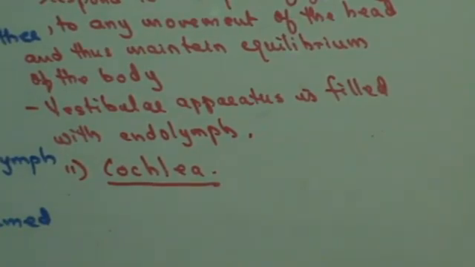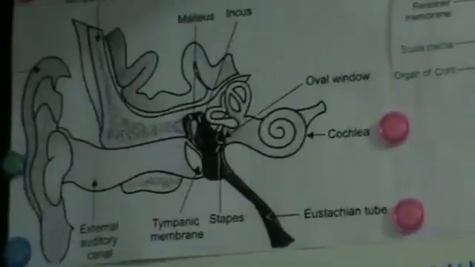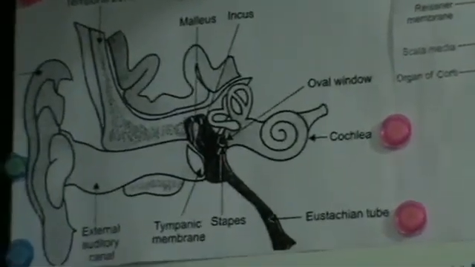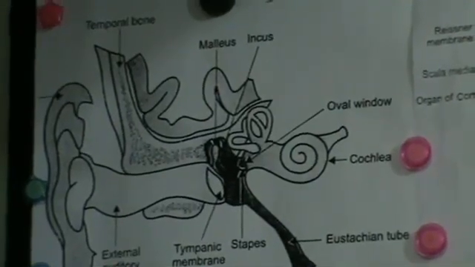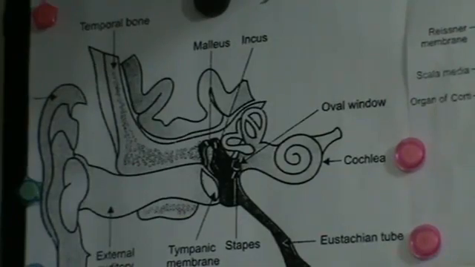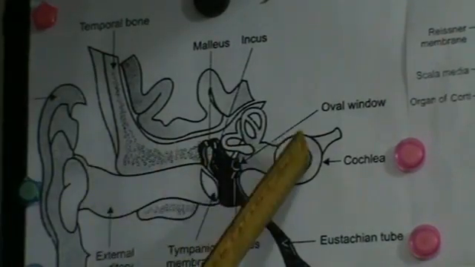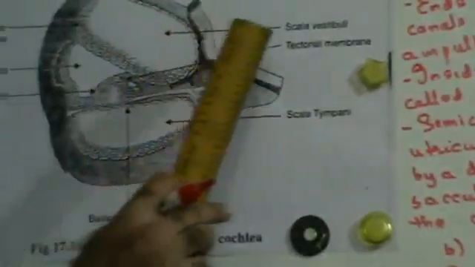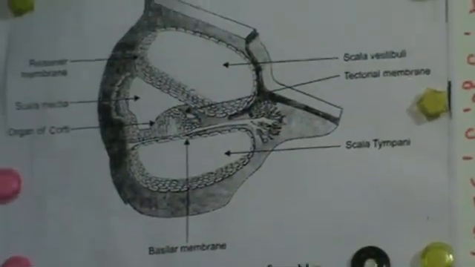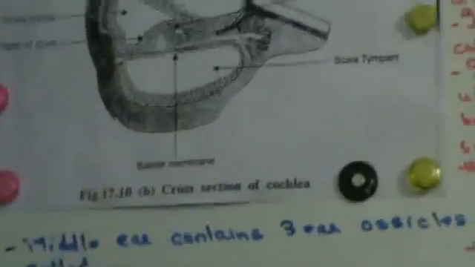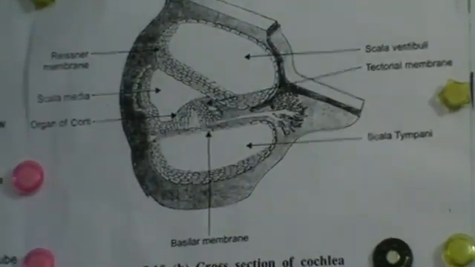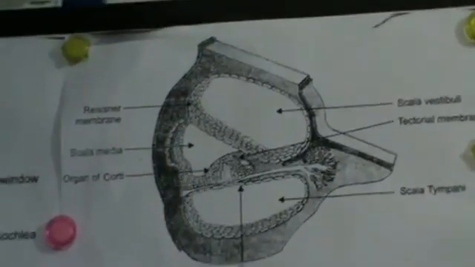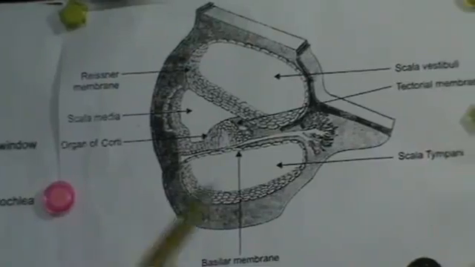Can you see this here in the diagram, guys? The cochlea is a coiled structure that makes almost 2 3/4 turns around a central bony core, right? This coil structure is divided into scala vestibuli, scala media, the central one, and scala tympani, the third one.